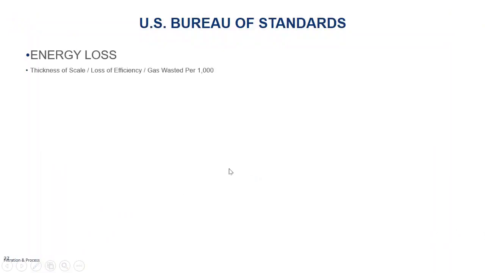Water softener is one of the greenest appliances you can own. Why? Because of scale production on heating elements and loss of efficiency and wasted gas per thousands of BTUs. Thickness scale, 1/16 of an inch, you lose 11.5% of your gas efficiency. Note, this is worse on electrical appliances.